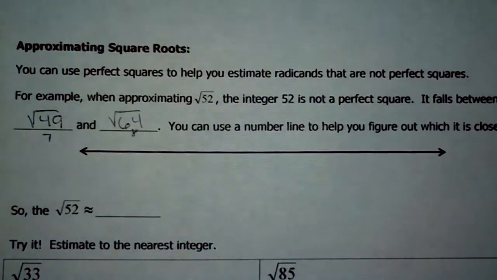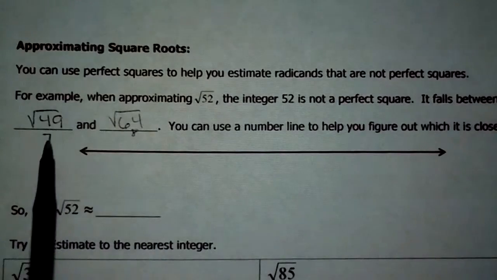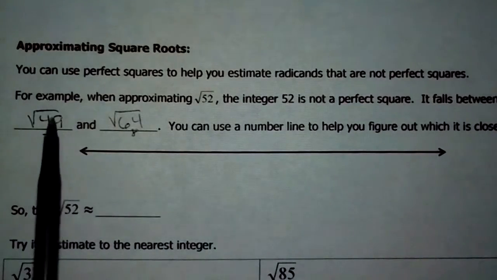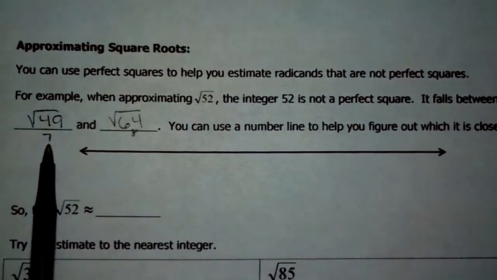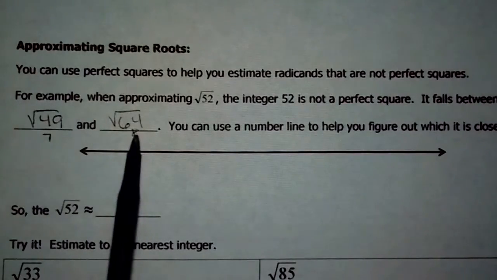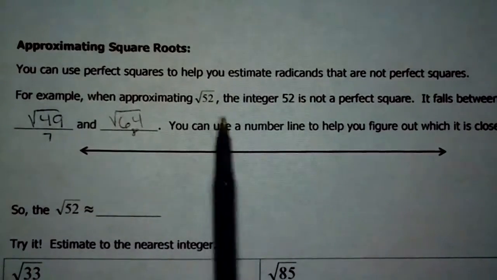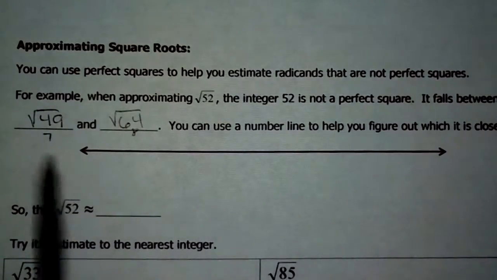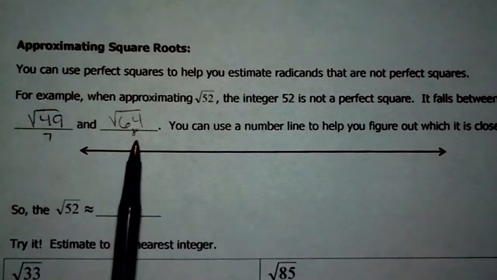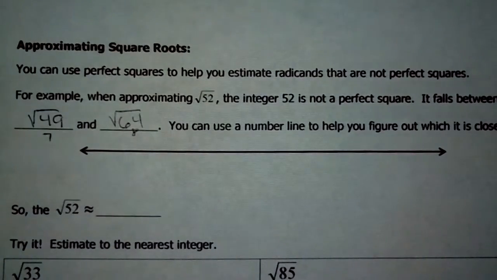If the square root of 49 is too low, and the square root of 64 is too high, there's not a whole number between 7 and 8. So basically that means that the square root of 52 is between 7 and 8. So we can approximate that it's between 7 and 8. That's the approximate value of it.